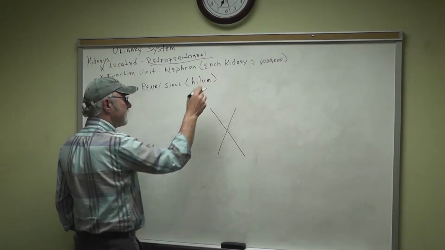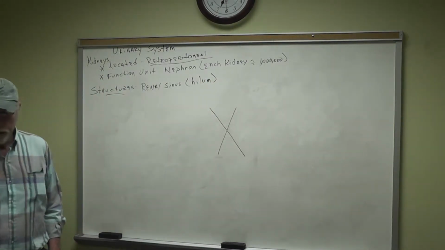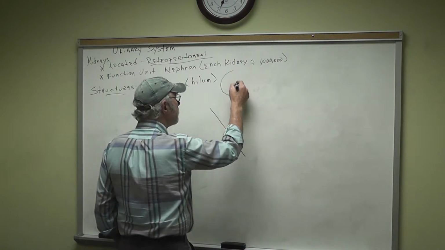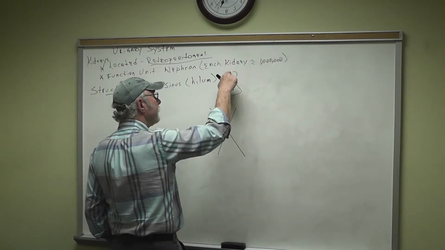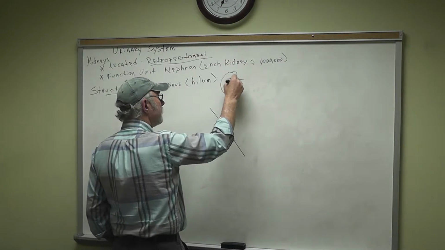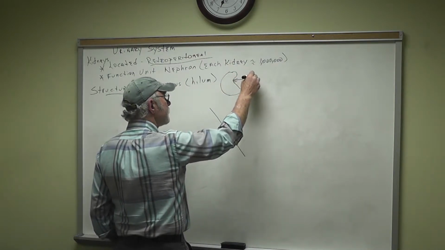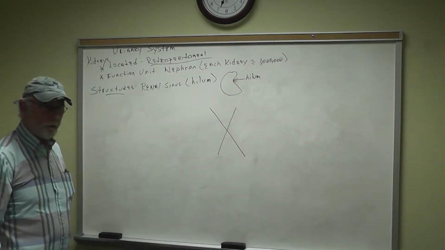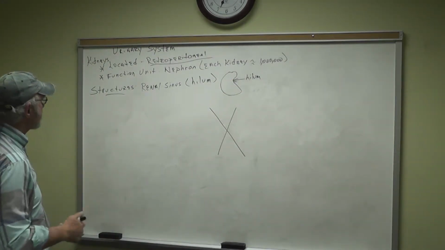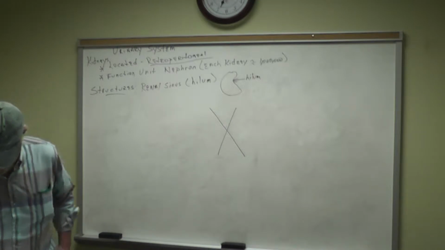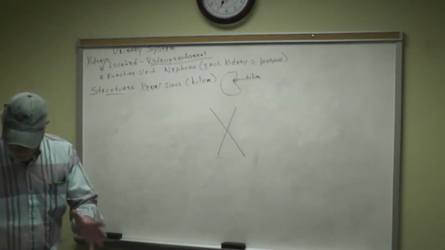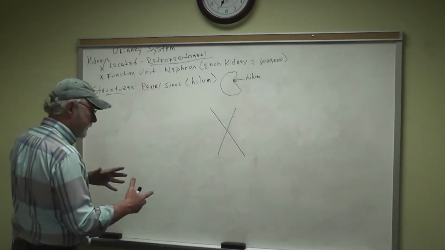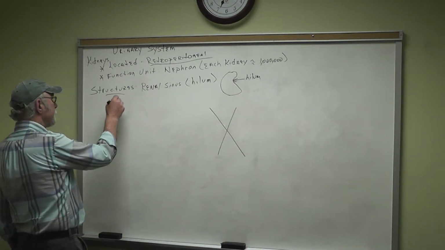And if you look at a kidney, just like kidney beans are shaped, there's an indented area called the hilum. And this is the area where blood vessels and nerves enter and exit the kidney. Okay, the large portion of the kidney where fluid collects is the renal pelvis.